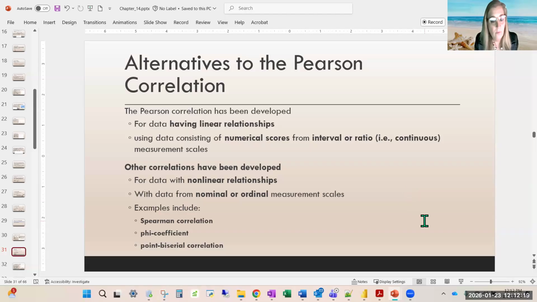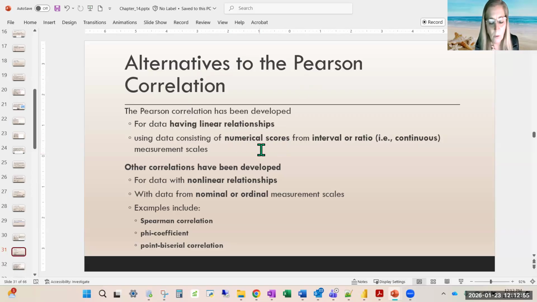There are alternatives to the Pearson correlation. The Pearson correlation was developed for data that has linear relationships that look like a line. So data consisting of numerical scores from interval or ratio measurement scales are the ones you would make comparisons for. If you are comparing things like height and age or weight, time, you could use a correlation coefficient.